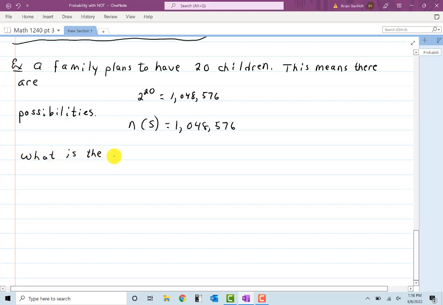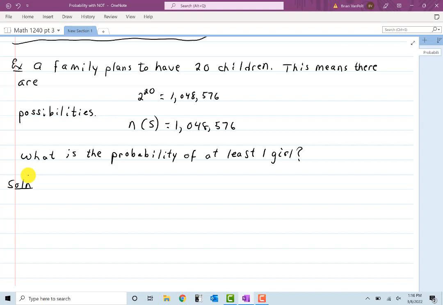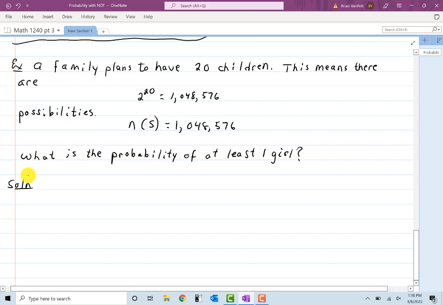Now, what is the probability of at least one girl? Now think about this. You have your 20 kids. Either we had 20 boys or we didn't. So at least one girl means that we did not have 20 boys.